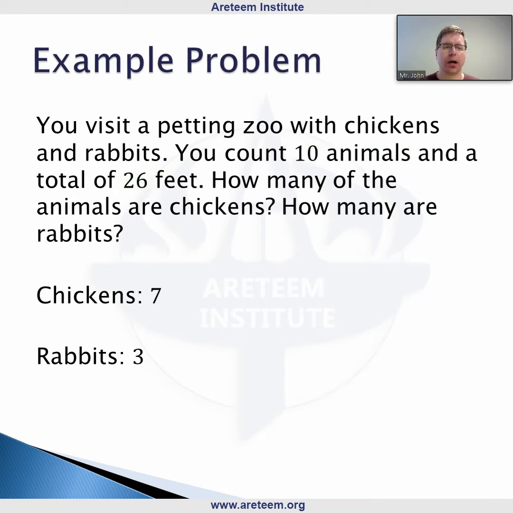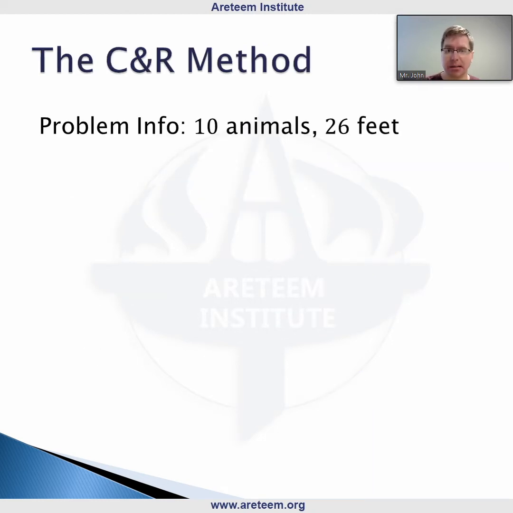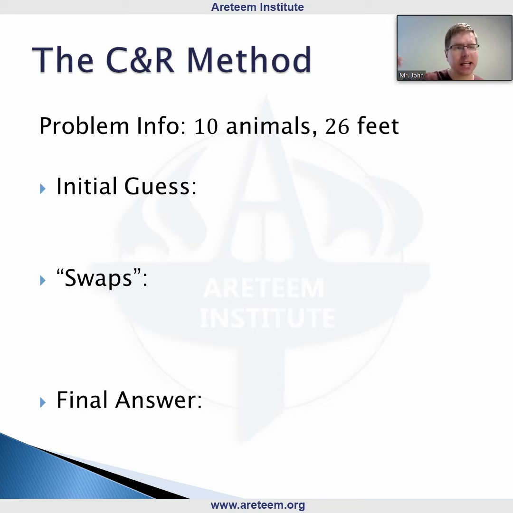Let's talk through, however, the method. So summarizing the question again, we had 10 animals and 26 feet in this case. I'm going to break down this chicken and rabbit method into a couple of stages. We have our initial guess stage, understanding this swap, which I'll explain in a second, and then once we're done with that, we of course have our final answer.